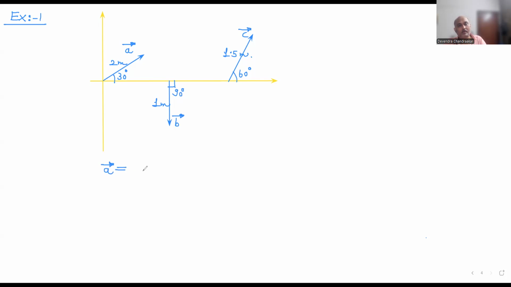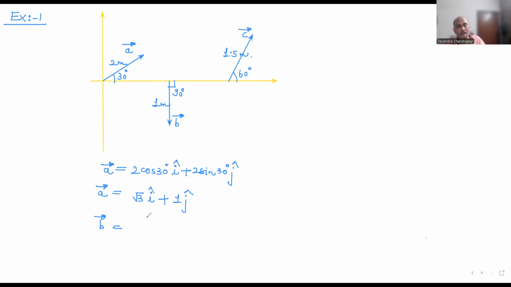So vector A is 2 cos 30 degrees i cap plus 2 sin 30 degrees j cap. So this is root 3 i cap plus 1 j cap. This is vector A. Aaron, you understood what is to be done?